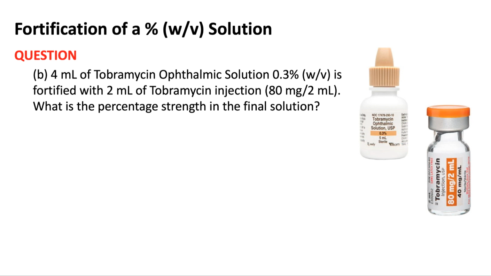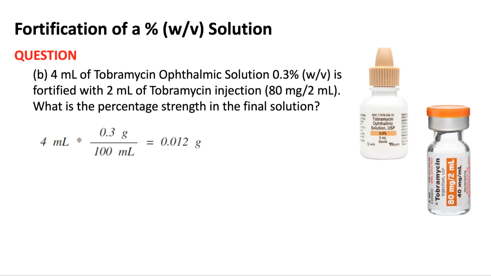But now when we add our 2 milliliters, we're not adding 2 milliliters of saline, we're adding 2 milliliters of tobramycin injection. And this injection has a concentration of 80 milligrams per 2 milliliters. All right? It asks, what is the percentage strength in the final solution? So this one, we will start the same way we did the other one, which is to say, okay, if I have 4 milliliters of tobramycin ophthalmic solution, how much drug do I have?